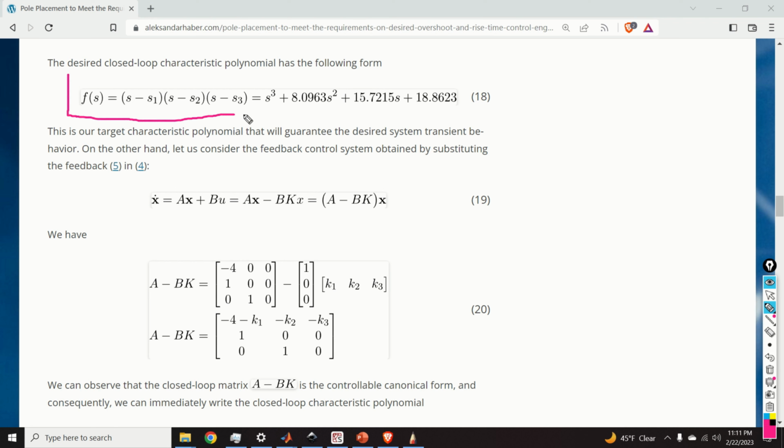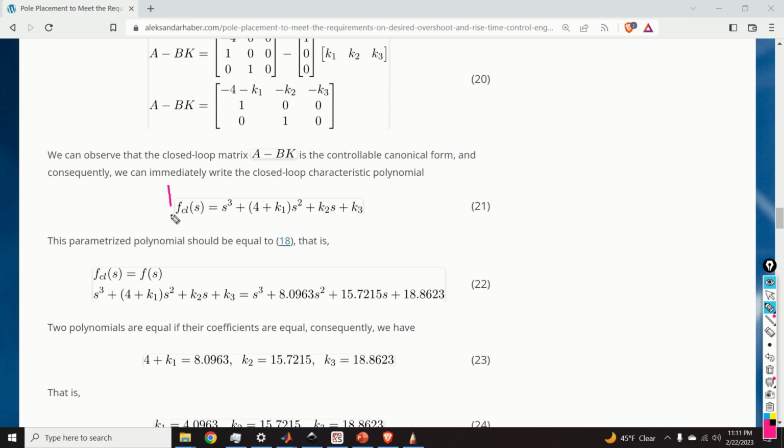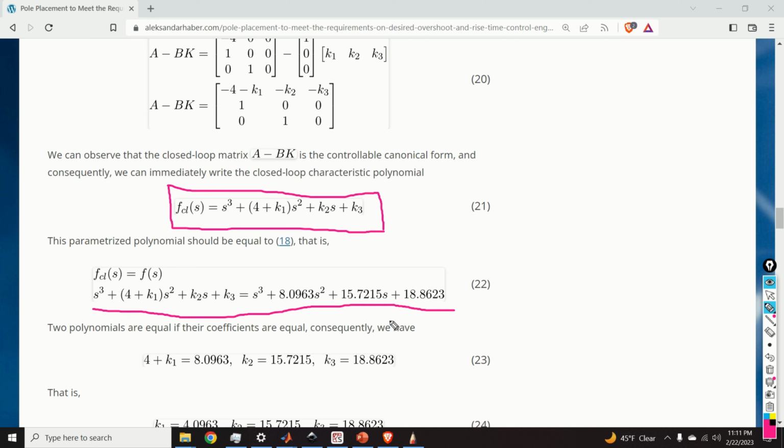This target characteristic polynomial, that is equation 18, should be equal to equation number 21. By setting the right-hand sides of these two equations equal to each other, we obtain this equation over here. Now, two polynomials are equal if their coefficients are equal. From this equation, we obtain three additional equations that need to be satisfied.